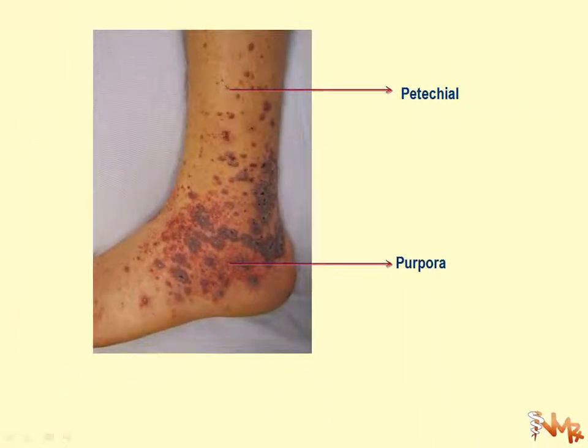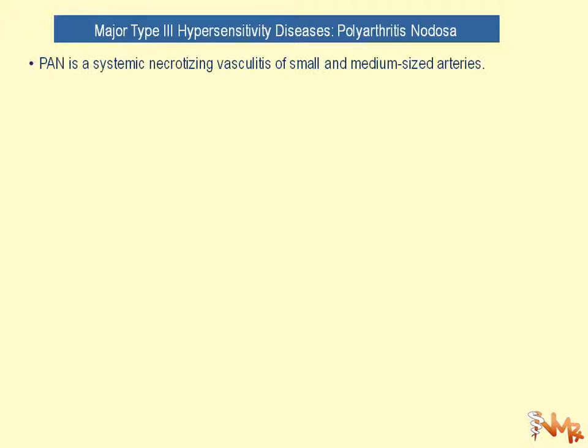Let us continue our discussion of the type 3 hypersensitivity diseases with polyarteritis nodosa. PAN, or polyarteritis nodosa, is a systemic necrotizing vasculitis of small and medium-sized arteries. You're going to find more texts related to vasculitis in your bare minimum pathology book and also in pathology lectures.